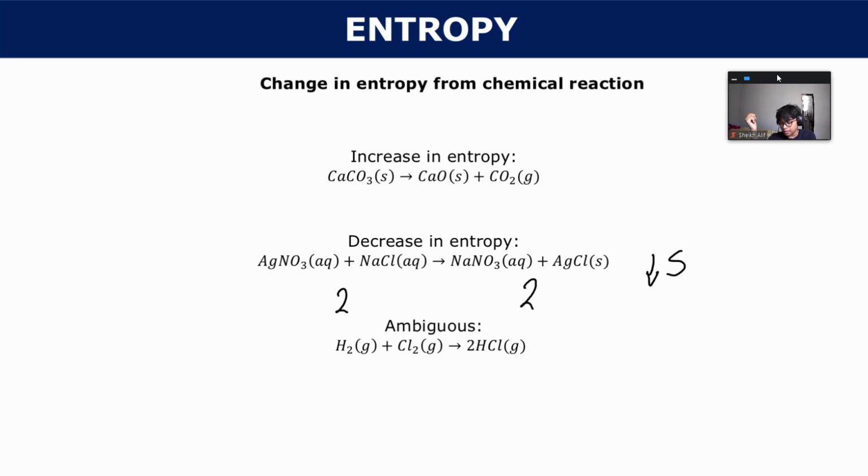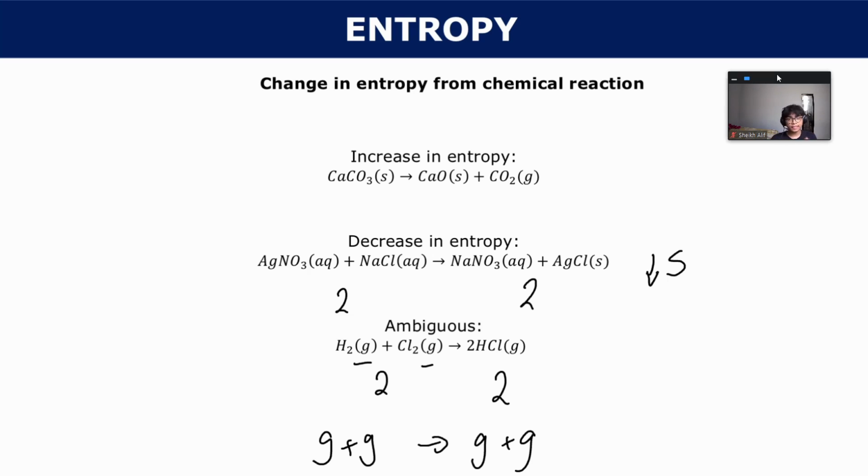Sometimes you're going to have these weird cases where you go from two molecules on the left-hand side to two molecules on the right-hand side. And so if you just look at the molecules, you can't tell whether it's going to be an increase or a decrease in entropy. And you go from gas and gas to gas and gas. So if you have gas plus gas to gas plus gas, that doesn't really tell you much about whether there's going to be an increase or decrease in entropy.